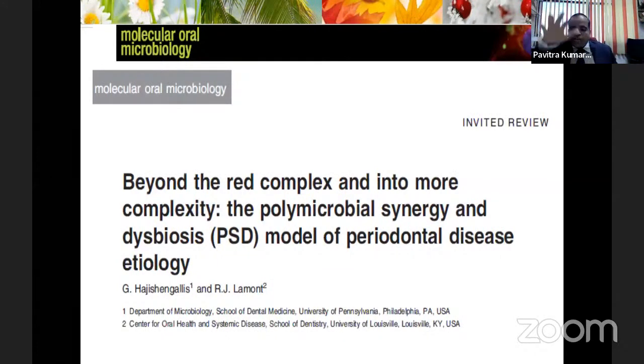As a periodontist, we can prevent the different types of periodontal diseases from developing, and we can diminish the severity of these periodontal diseases by such factors.